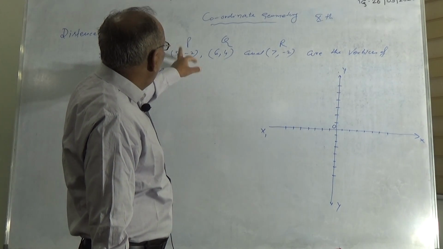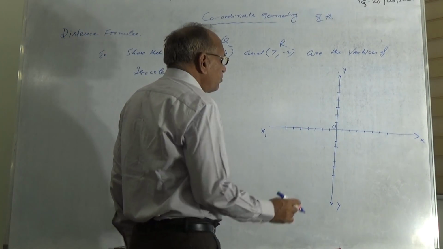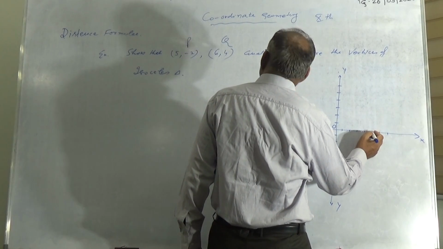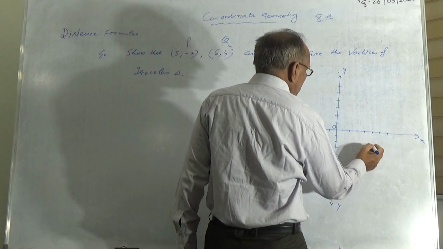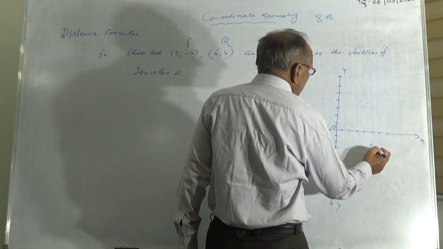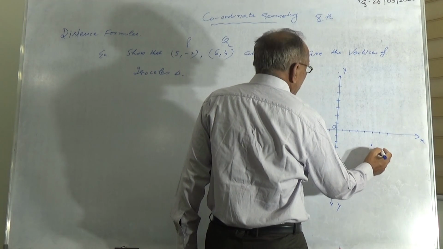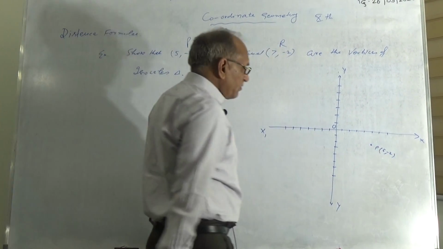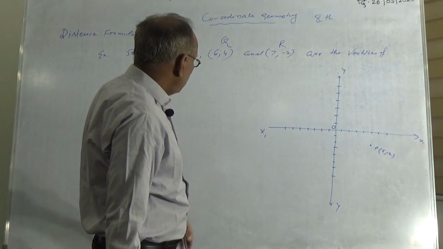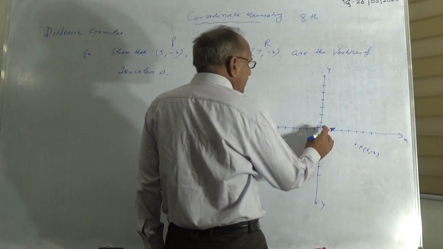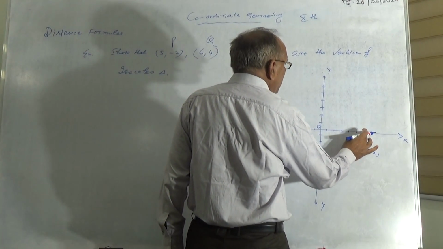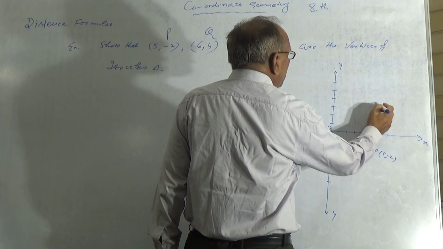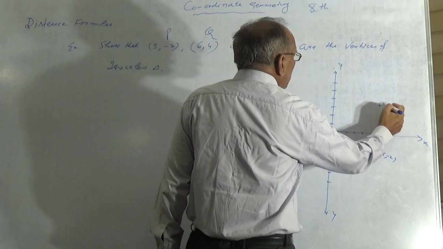P, the point P is 5 minus 2. 5, 1, 2, 3, 4, 5. Minus 2 is below. Here, this is the point P, which is 5 minus 2. Again Q, 6, 4. 1, 2, 3, 4, 5, 6. 4 above 1, 2, 3 and 4. 6, 4.